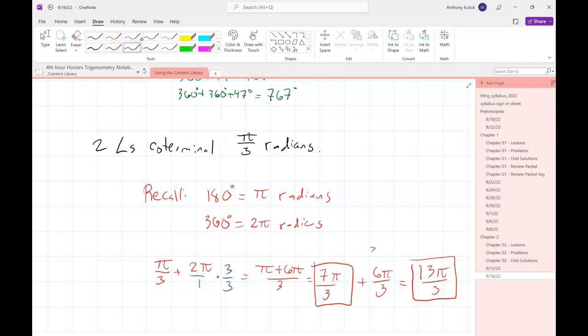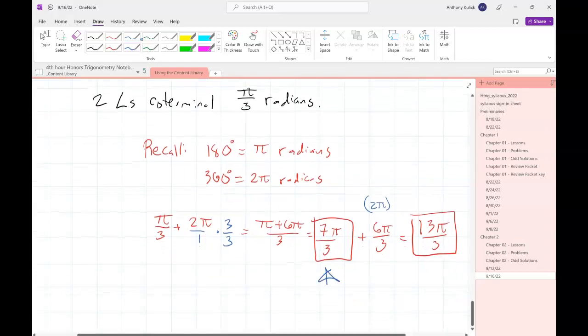It's the same as 2 pi. I just wrote it with a common denominator. So this is my first coterminal angle. This is my second. I just took my answer and added 2 pi again. I just wrote my 2 pi as 6 pi over 3.